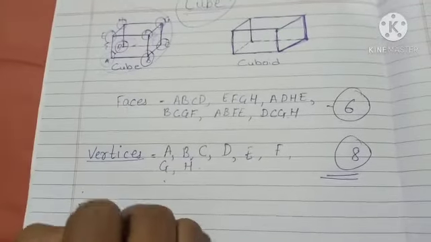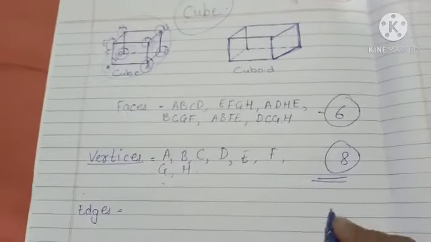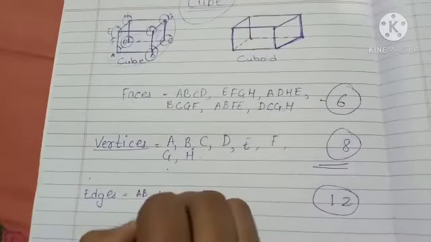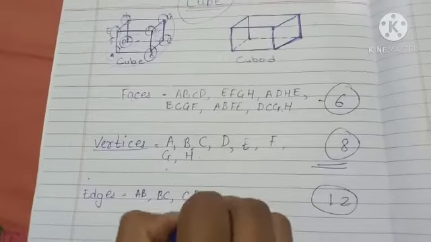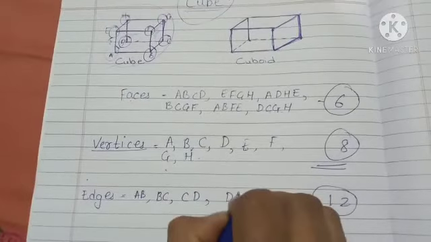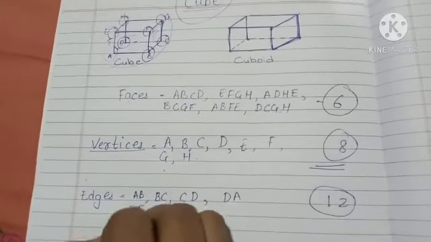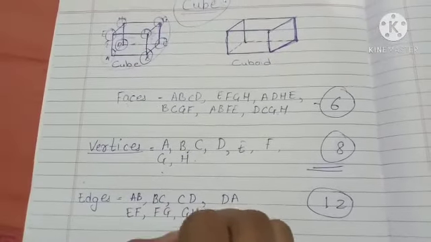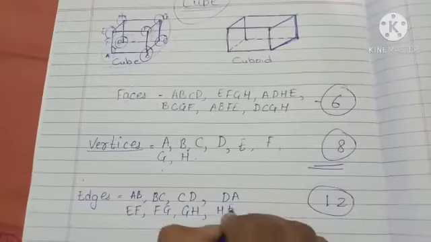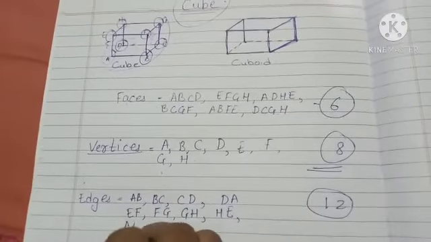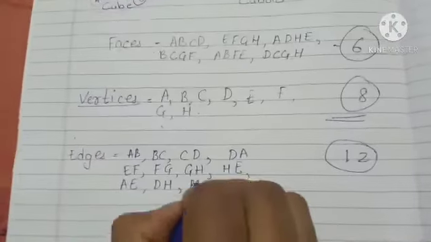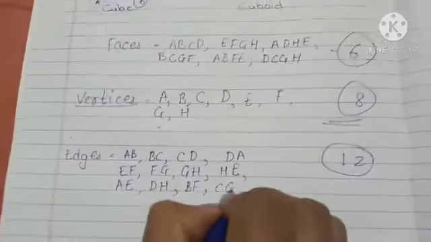Now how many edges are there? There are 12 edges, namely AB, BC, CD, DA, EF, FG, GH, HE, AE, DH, BF, and CG.